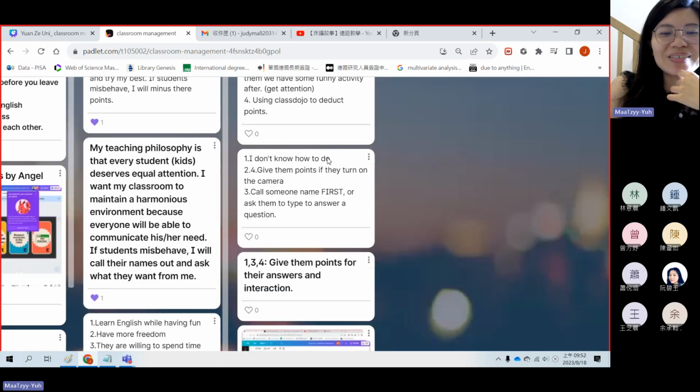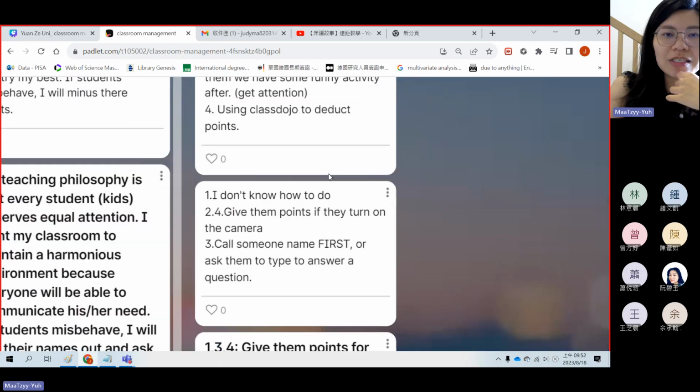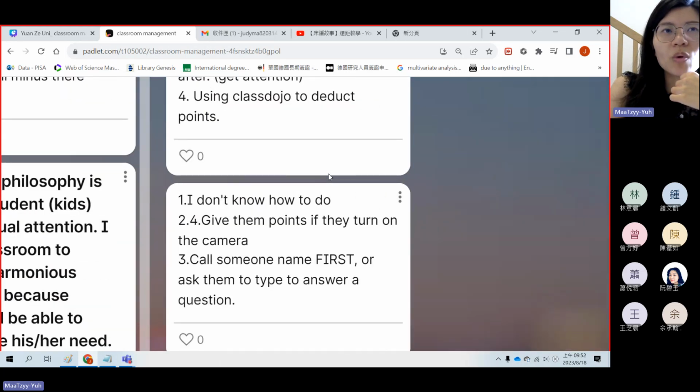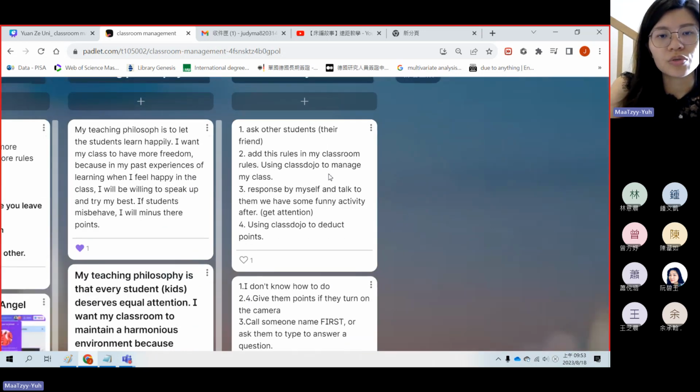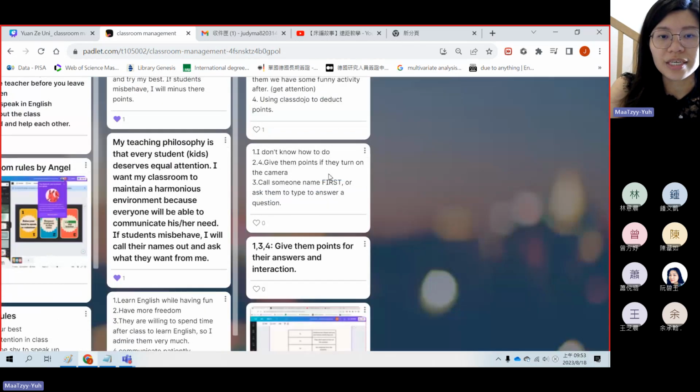So it's really nice that you can set up a scoring system for students to get points, and if he gets 10 points, maybe he could have a treat, or he could choose his seat first next time, and so on and so forth. You can choose the rewards for your kids.